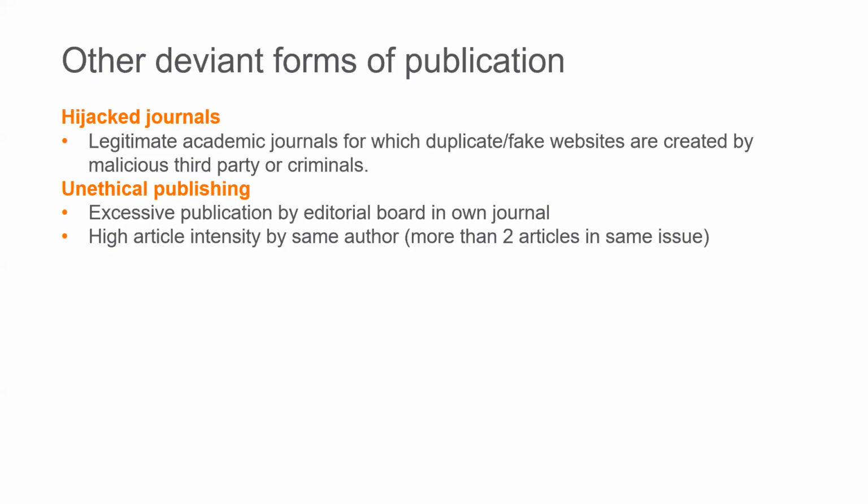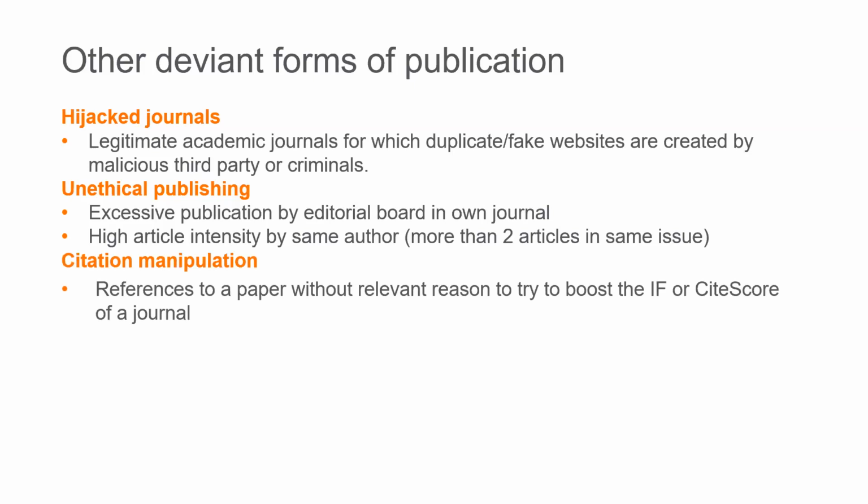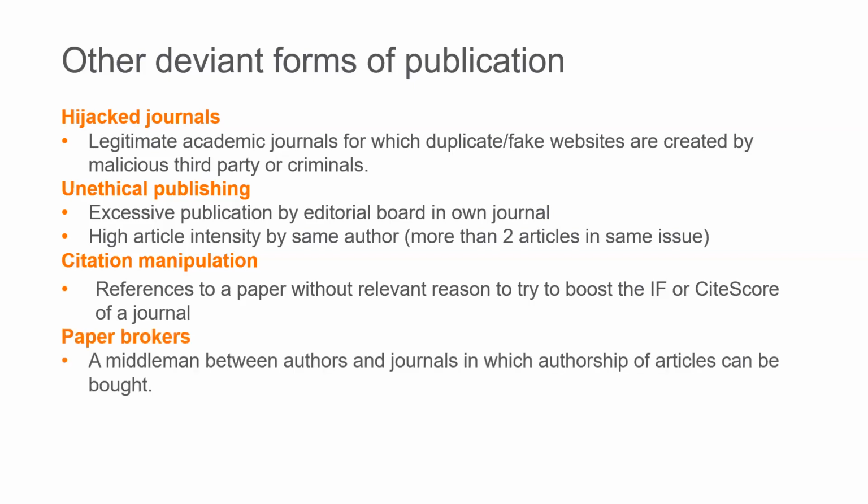So you can see that there is a preference given to certain authors within the journal. Citation manipulation. That is when the editorial board would, for instance, ask you to cite their journal, to cite authors in their journal, so that they can increase their metrics. This is not predatory, it's unethical.